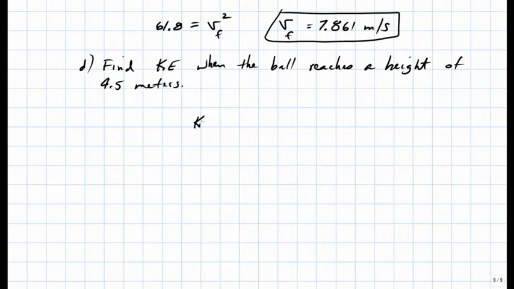In other words, kinetic energy is just defined as 1/2 mv squared. We've just determined the velocity at an elevation of 4.5 meters, and so we can obtain that result fairly easily. The mass, of course, is 0.15. The velocity we just determined equals 7.861. We will square that velocity, and as a result, the kinetic energy just equals 4.635 joules.